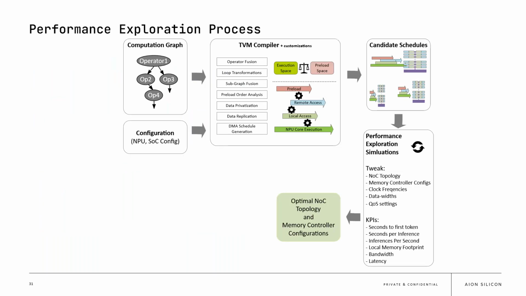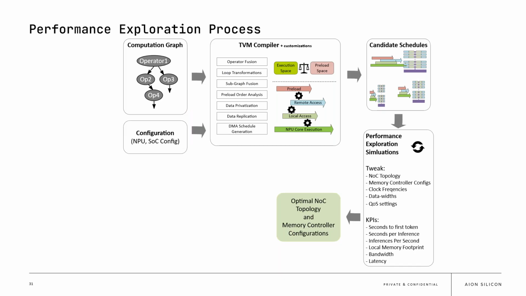In order to do this, giving a high-level overview of the process, we begin with the computation graph of the AI application, which is described in terms of the various operators, which are the nodes, and then you've got the edges, which describe the data flow between the operators.